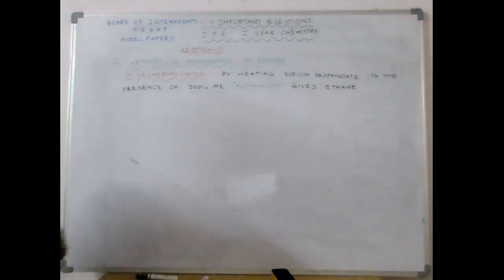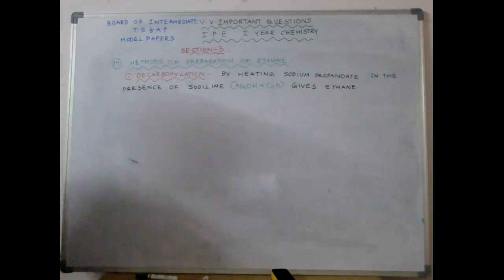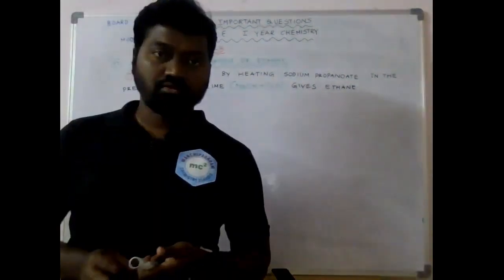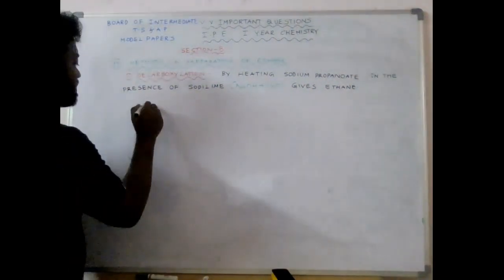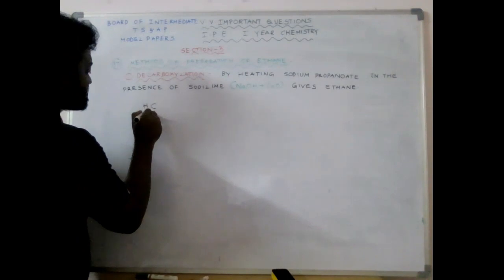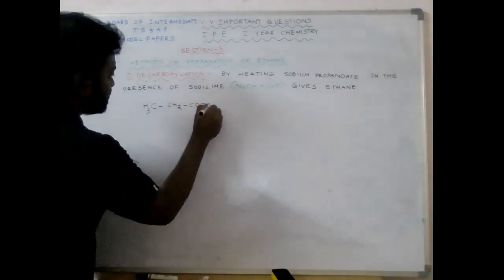Okay, the statement is this. Based on the statement, we can write the equation. Whenever you are learning organic chemistry, you may learn either the statement or the equation. Once you get one, the other you can write automatically. So sodium propanoate means 3 carbons are there: CH3CH2COONa.